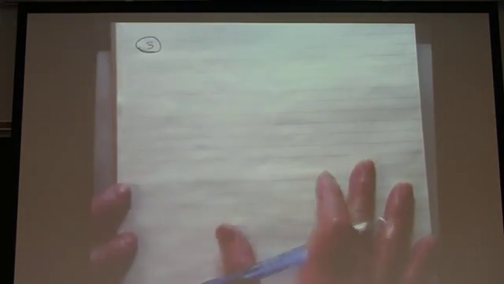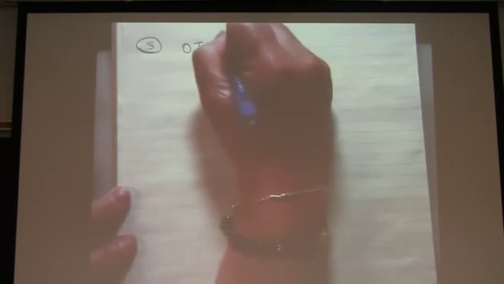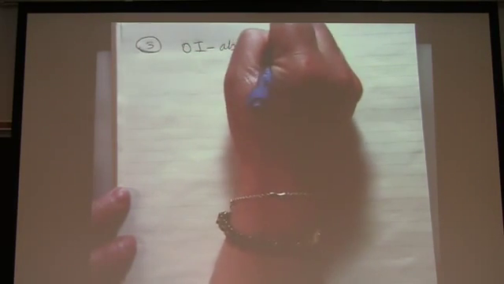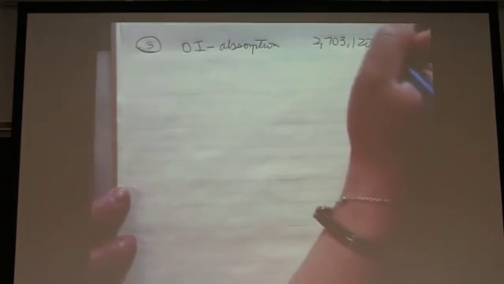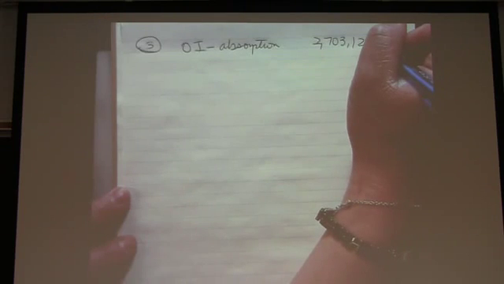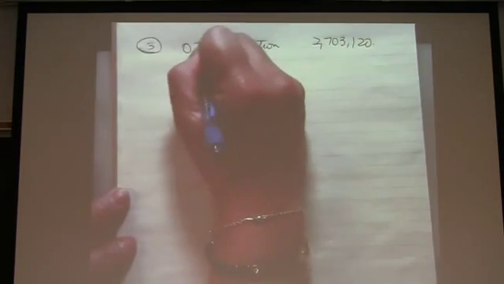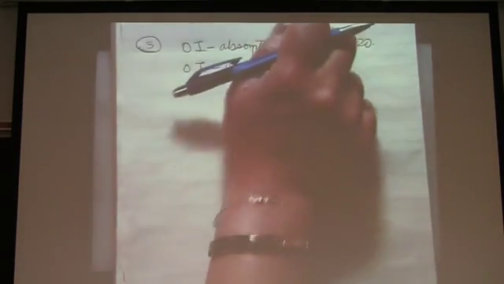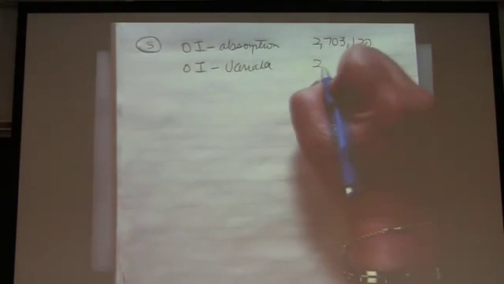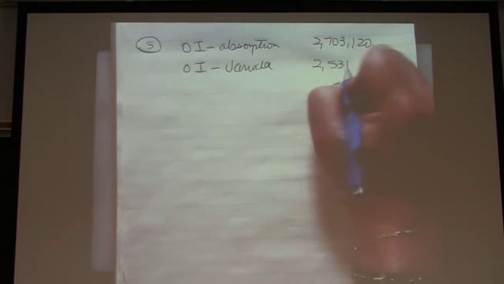Okay, so let's look at part 3. Part 3 says, calculate a numerical difference. We know that the operating income under absorption is $2,703,120. That was in part 2. Operating income under variable, in part 1, is $2,531,520.